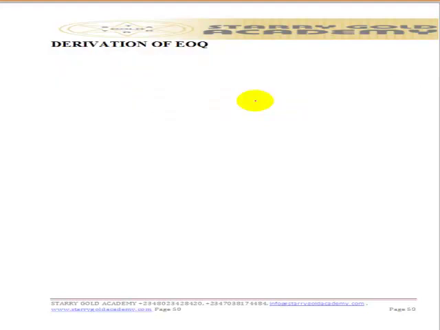So these are some of the assumptions of EOQ. Then we have the various methods of deriving EOQ. That's derivation of EOQ. There are two ways we can derive EOQ, three ways majorly, but in cost accounting we emphasize only one. There is the graphical approach.